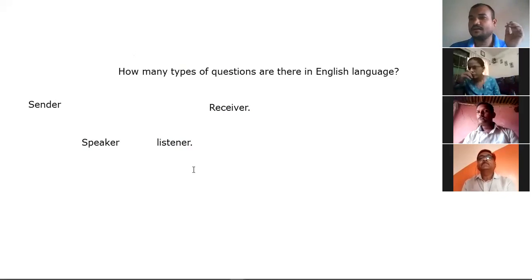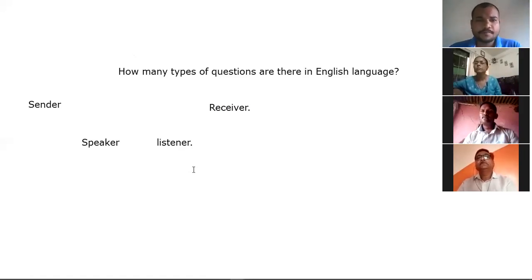Speaker is the question, listener is the answer. Speaker is the sender, listener is the receiver. So speaker is the sender, listener is the receiver.